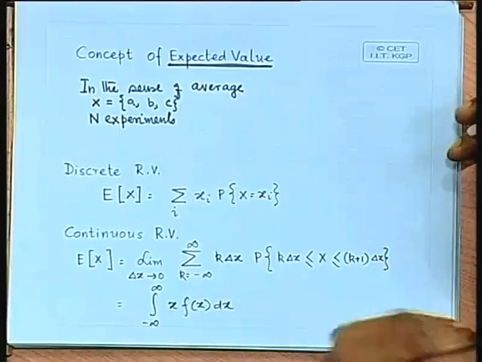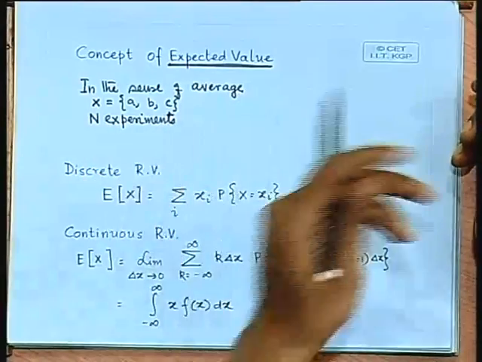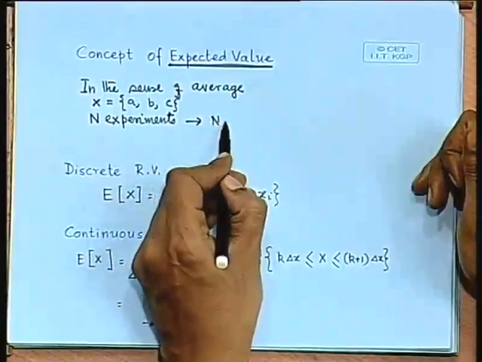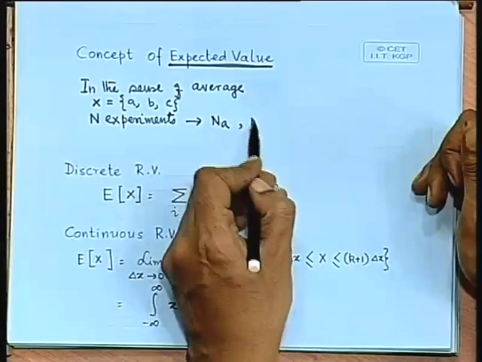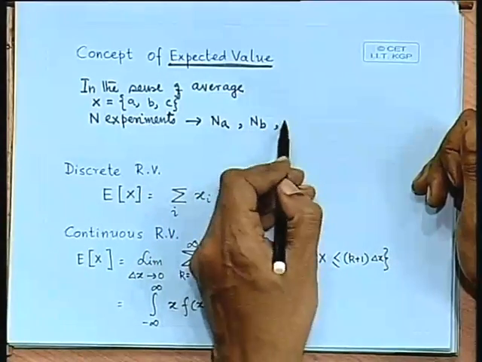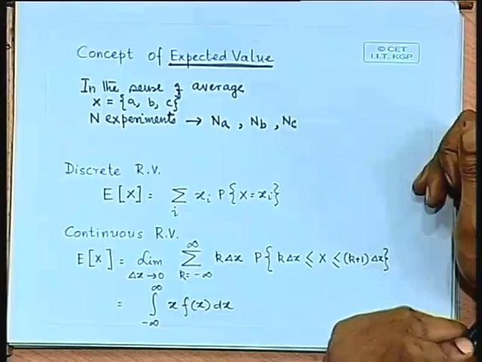Suppose we pick x n times, and of them n_a times we get a, n_b times we get b, and n_c times we get c.